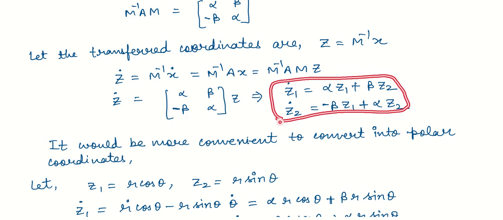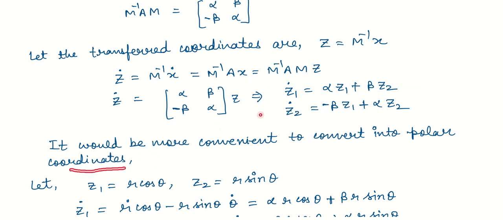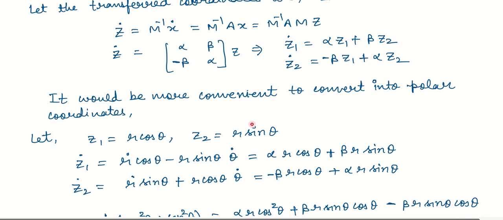So what we can do is convert this system into polar coordinates. Now the analysis of this system will be much easier. So now I'm going to show you how. Take Z1 is equal to R cos theta and Z2 is equal to R sin theta.